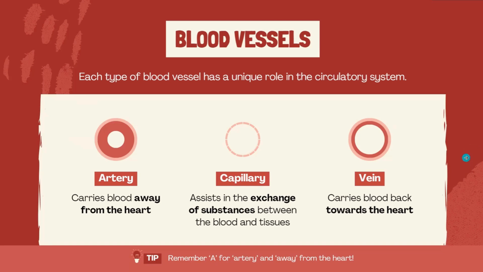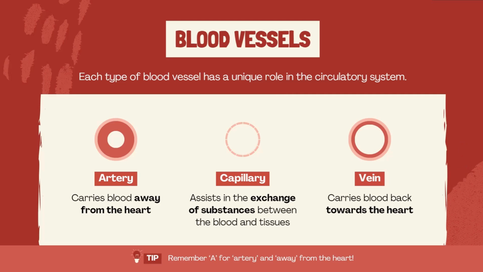Remember, don't get confused with arteries and veins when it comes to functions. The easiest way to remember: A for artery stands for away from the heart. Veins towards the heart. Is that clear?